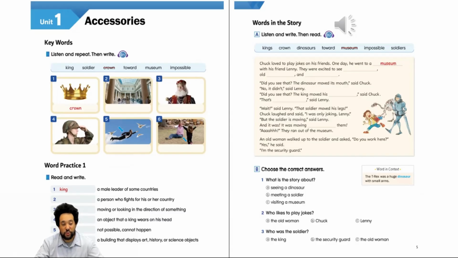So we have pictures 1, 2, 4, 5, and 6 to choose from. Which one of those pictures matches somebody who would fight for their country? That's right, picture number 4. Picture number 4 shows a soldier. A soldier is somebody who fights for their country. So for number 2, we should write the word soldier.